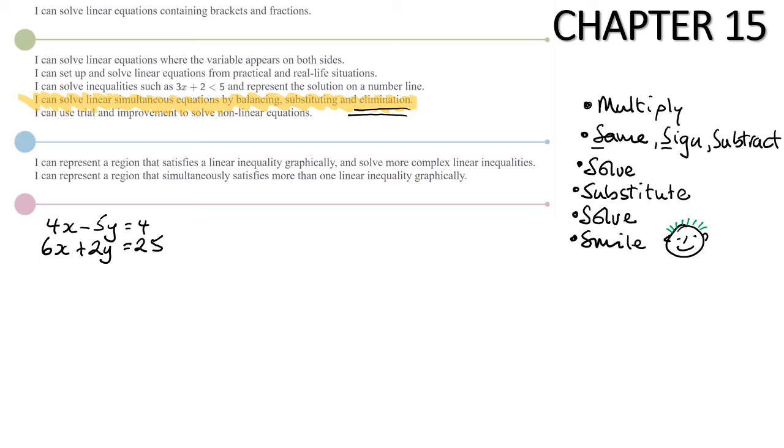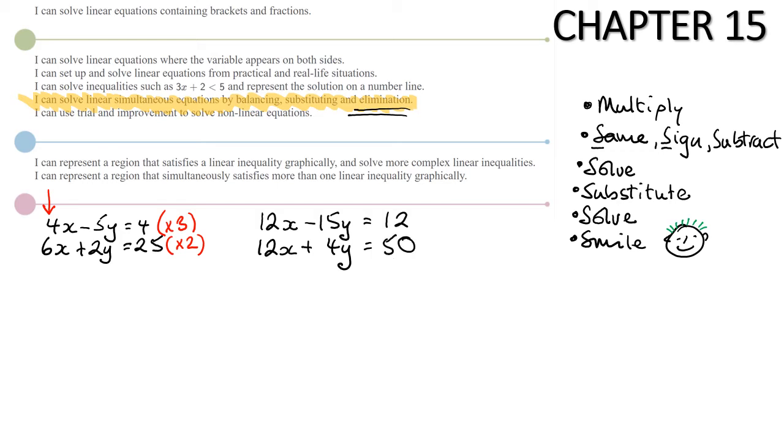So I'm going to make the numbers in front of x the same here, and I can make them both 12 by multiplying the first equation by 3 and the second one by 2. So let's do that and see what we get. So we will get 12x minus 15y, times everything by 3, equals 12. And in the second equation, I will have 12x plus 4y equals 50.